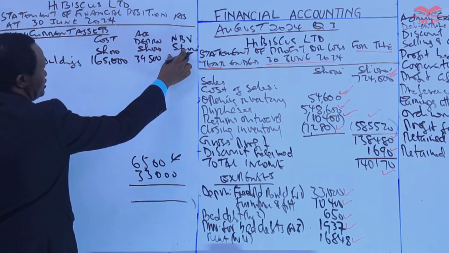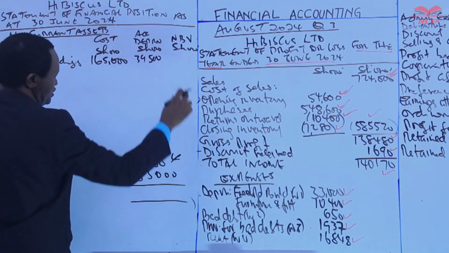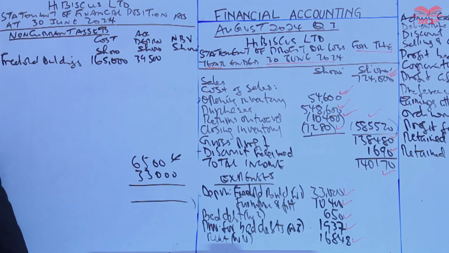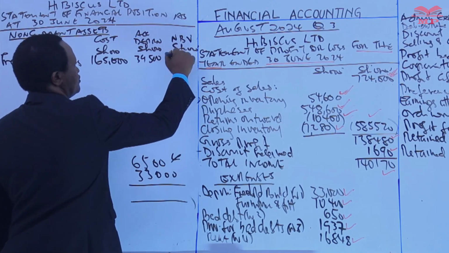How do we get net book value? Deduct the accumulated depreciation from the cost. That will give us the net book value. What's the net book value? 125,500.